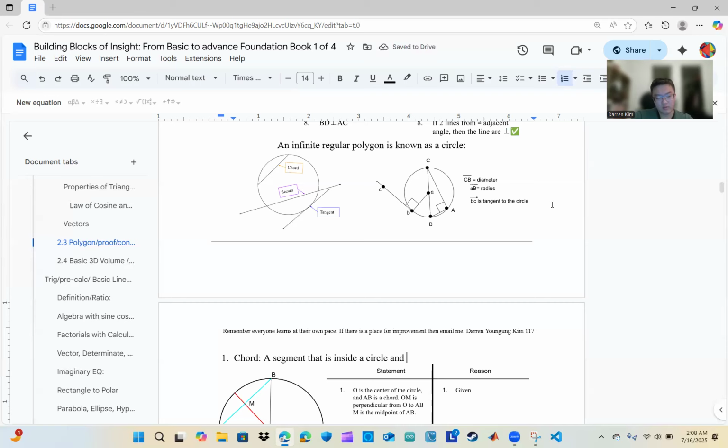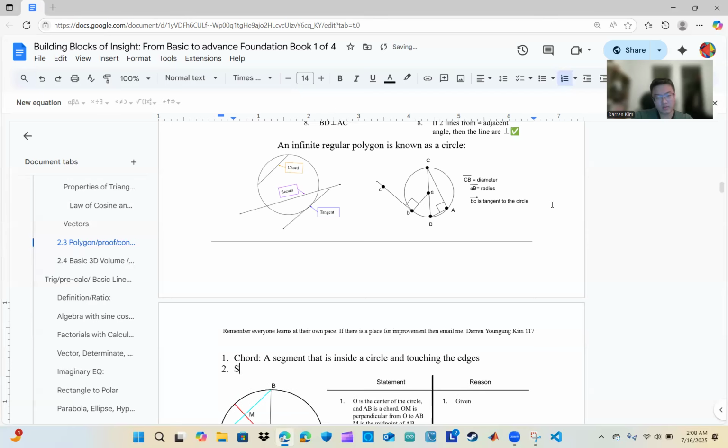So like touching, okay, fine. Touching the edges. Okay, and then secant, exactly the same wording, but instead of touching, it's intersecting.